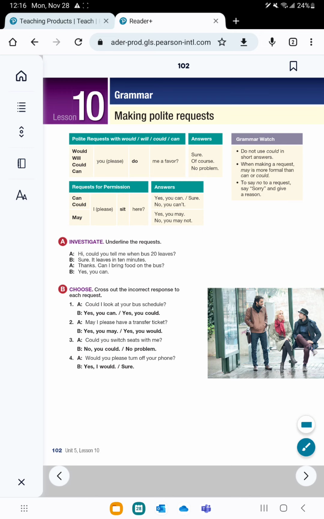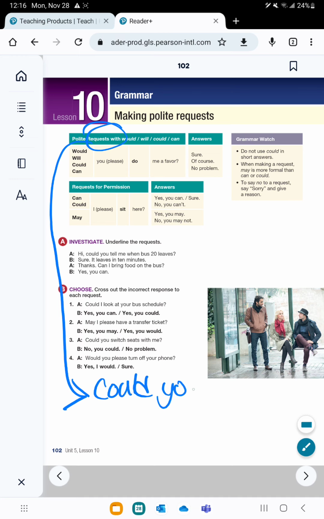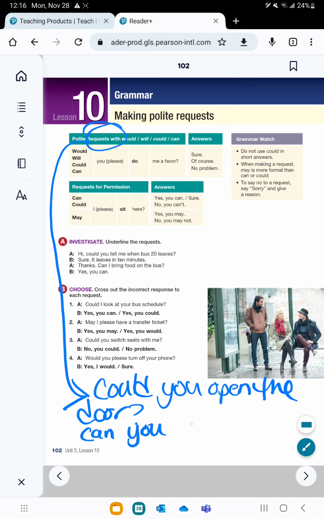So let's look at a little bit more examples. So for polite request, for a favor, I can ask you, could you open the door? Could you open the door? Simple. I can say also, can you open the door?